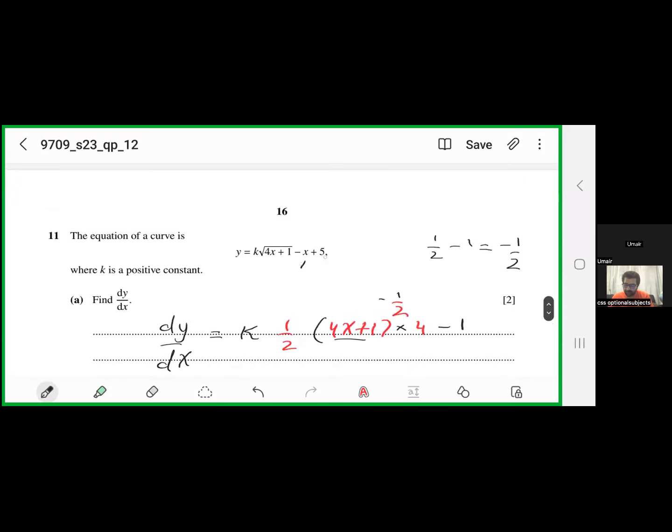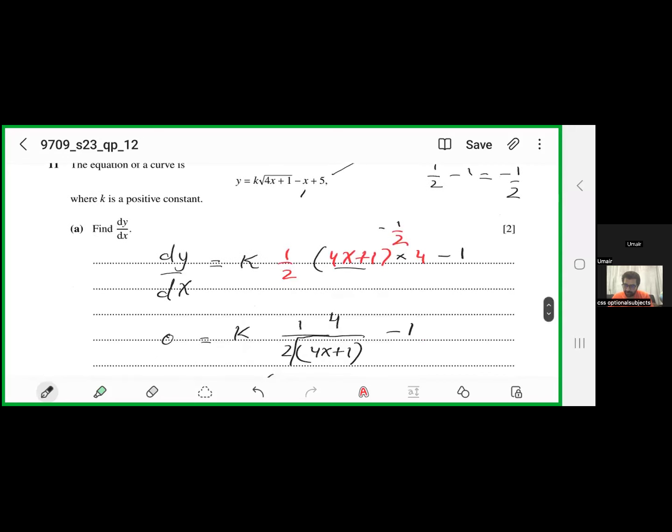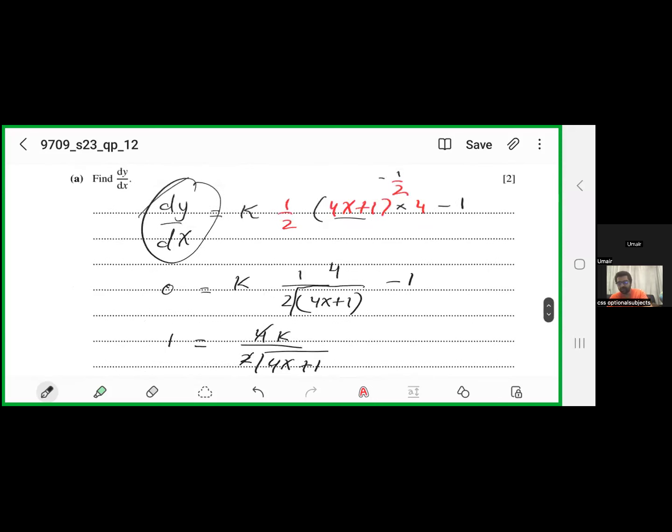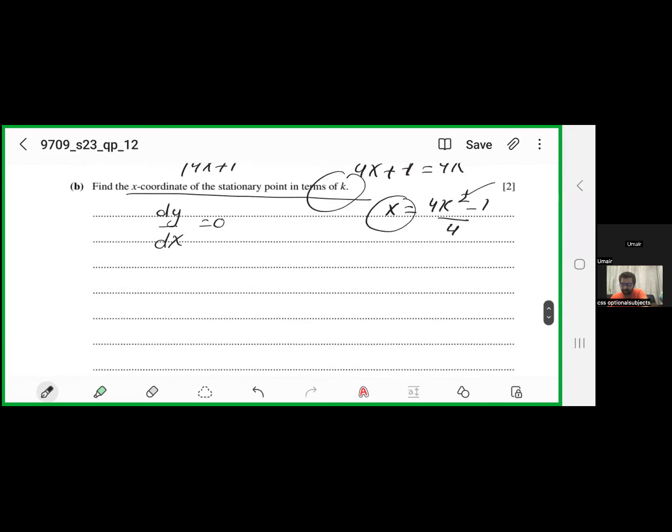This is equation of curve. This is equation of tangent, meaning the derivative is basically equal to the gradient of tangent. So this dy by dx of tangent is given. So we will solve this equation and we know the value of k, 10.5.